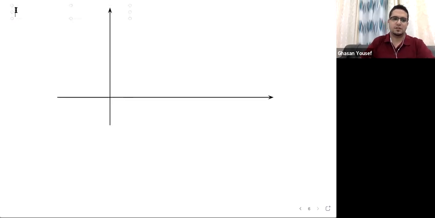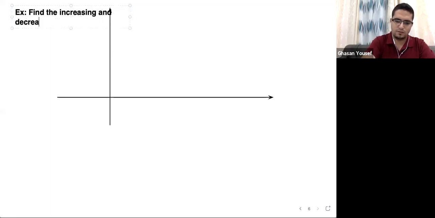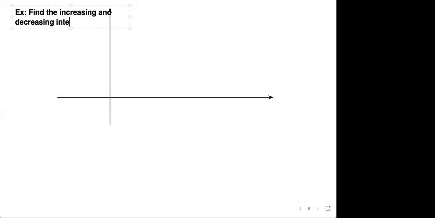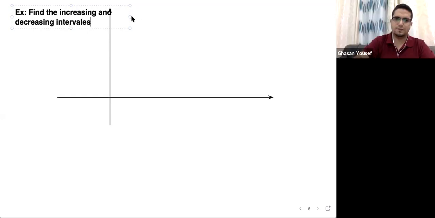So here is the question example: find the increasing and decreasing intervals.